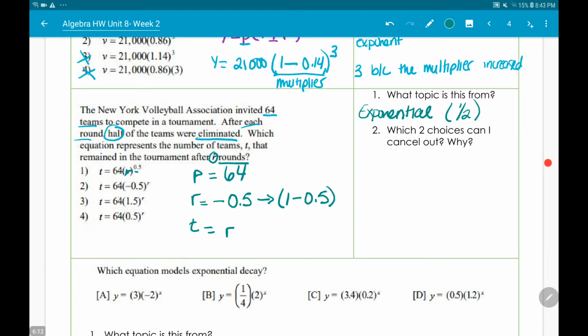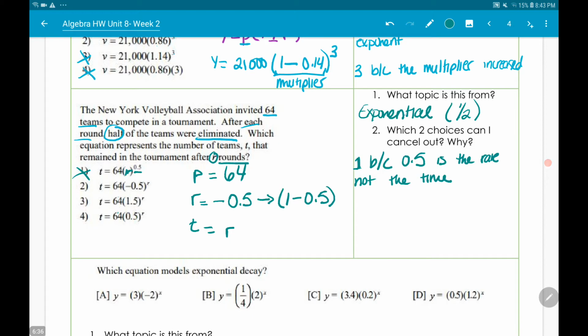And 0.5 has nothing to do with time. So we're going to eliminate number 1 because 0.5 is the rate, not the time. Okay? Next.